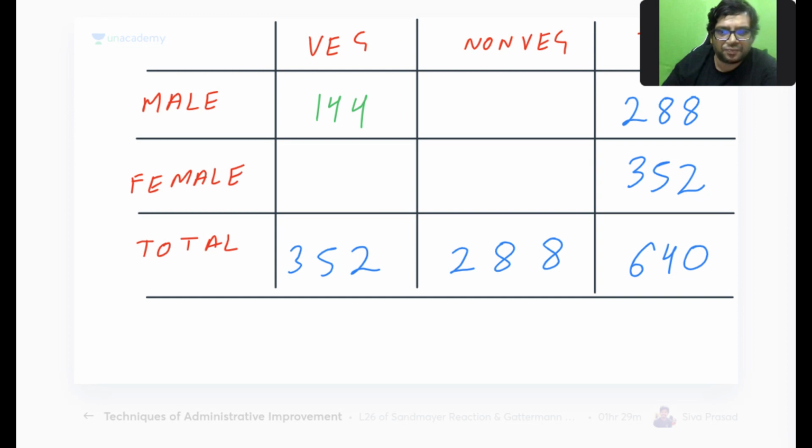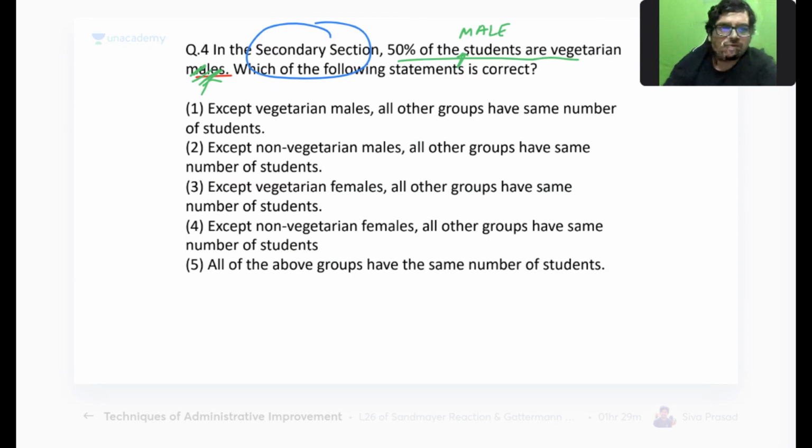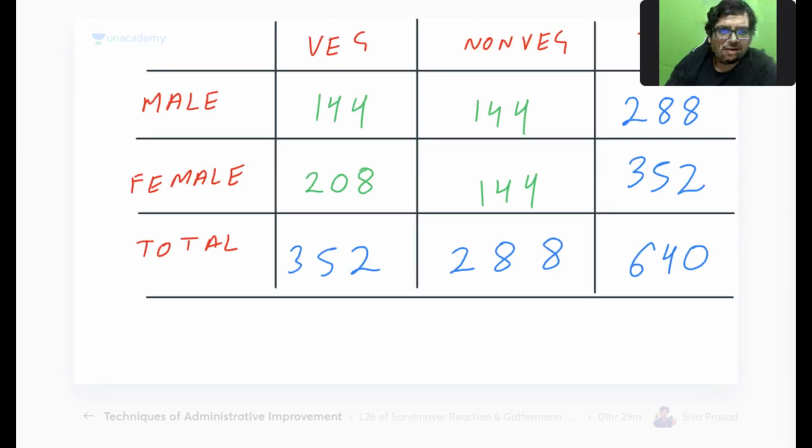तो ये 144, ये भी 144, तो ये भी 144, तो कितना बचा रह गया ये? 352 माइनस 144, तो ये रह गया मेरा 208। अब देखो, except veg males, all other groups have same numbers?